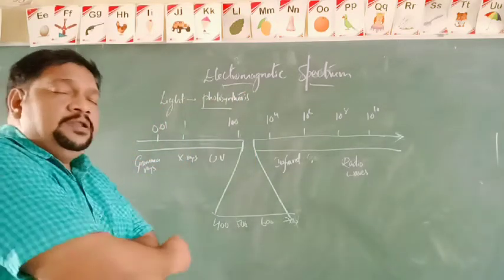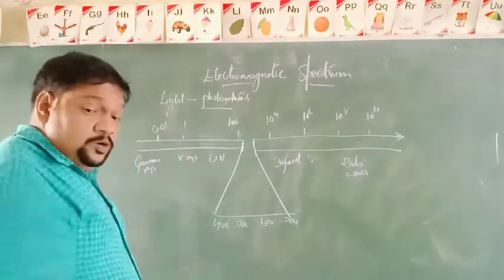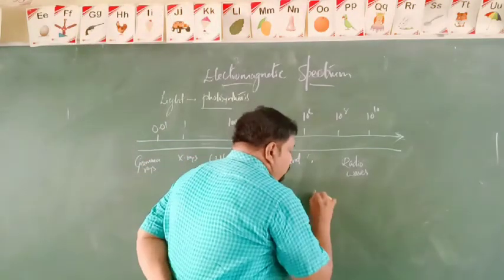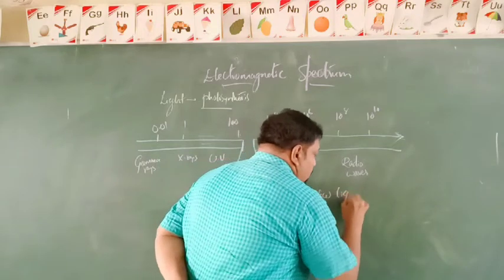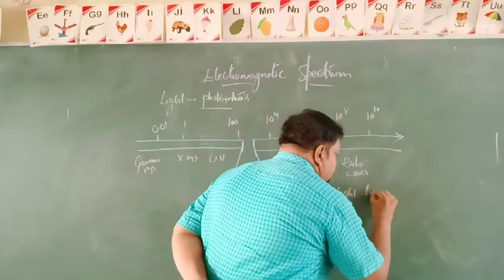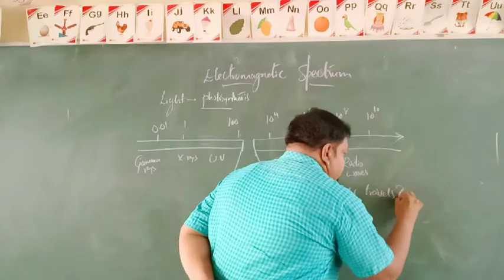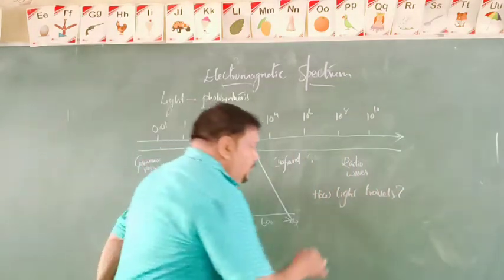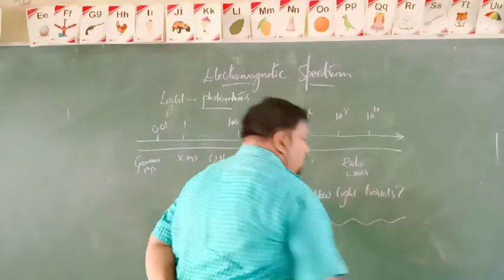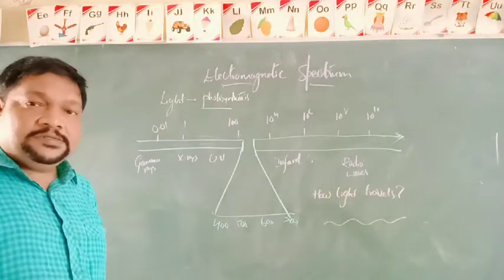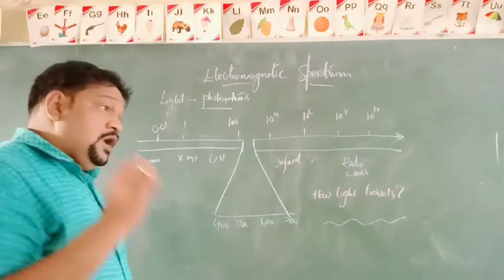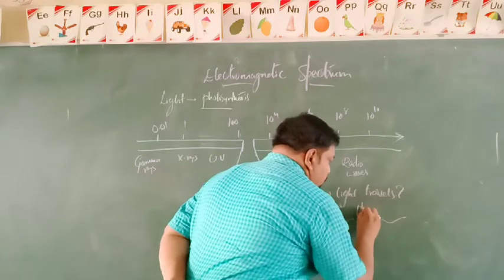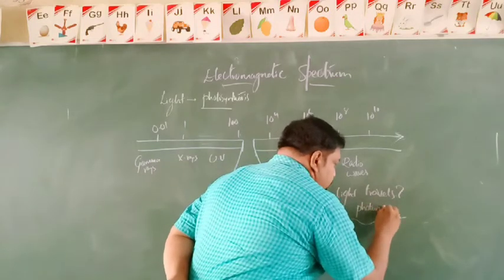Then I ask a question: how does light travel? Light travels in the form of waves, and the smaller units of light are called photons.